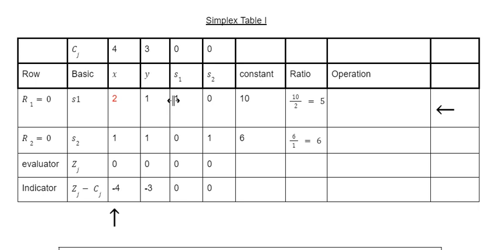Basically, the simplex table structure is like this: row, basic, Cj, x, y, and the slack variables we have added, constant, ratio, and operation.